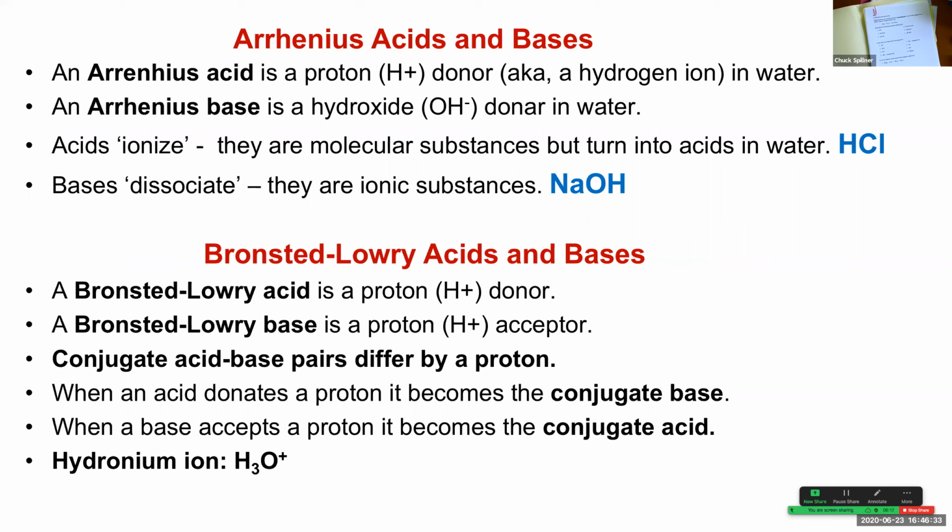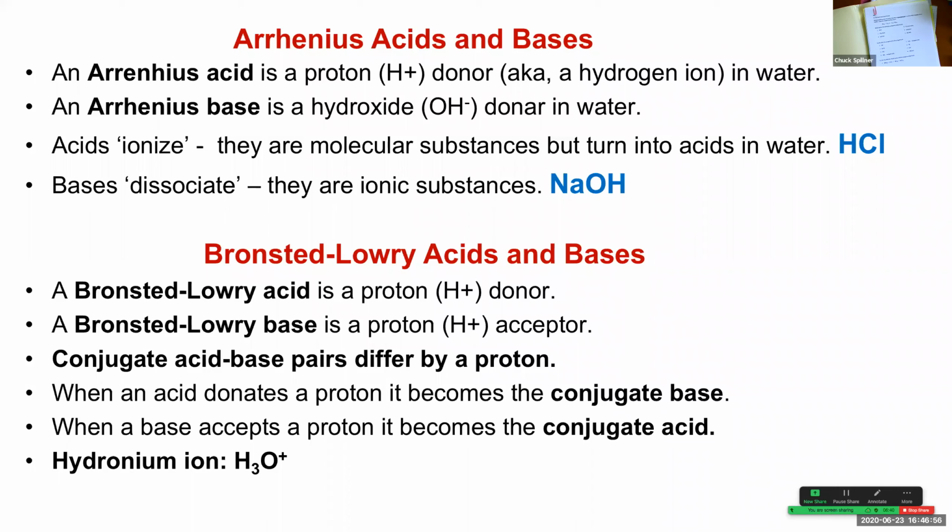Any of these compounds named as acids are compounds that donate a hydrogen proton in water. Now, it doesn't have to be in water, but that's what our study is going to be. We're going to mainly concentrate and focus our study on acid-base chemistry in water.